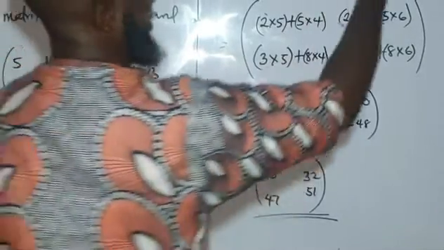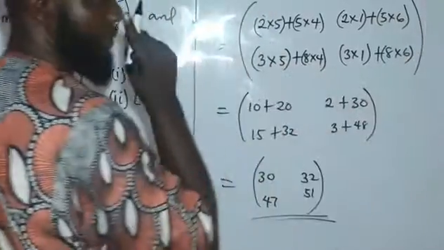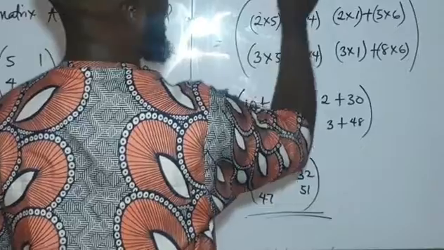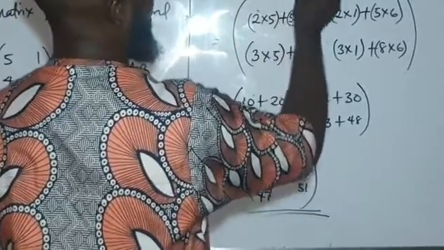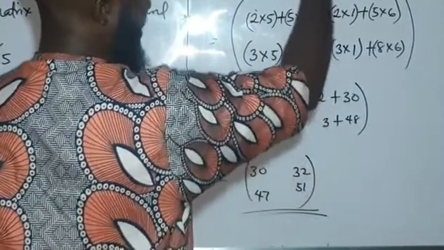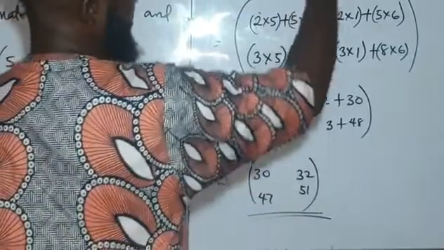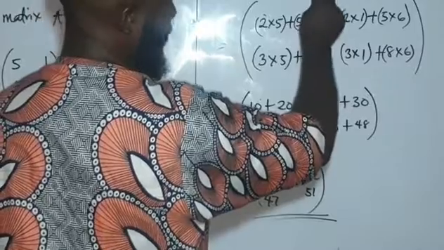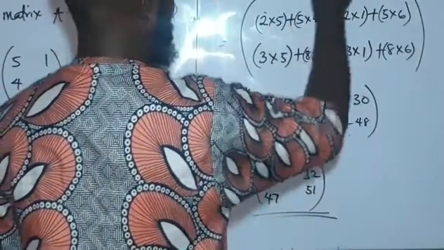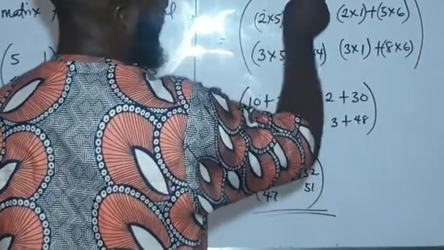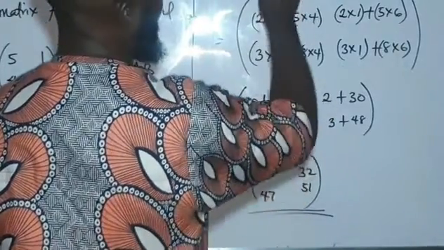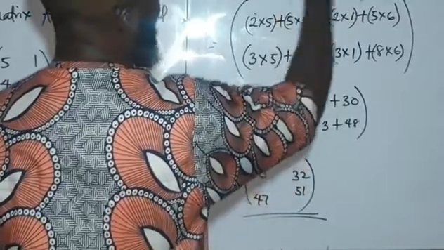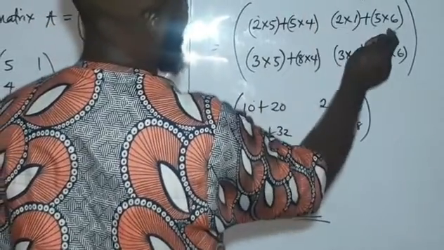So take note, we are using 7. We pick the elements in the first row and multiply by the first column in the second matrix. That gives the 7. Can you see that? So we add them together: 2 times 5 plus 5 times 4. Then we do the same thing with the next column: 2 times 1 plus 5 times 6.